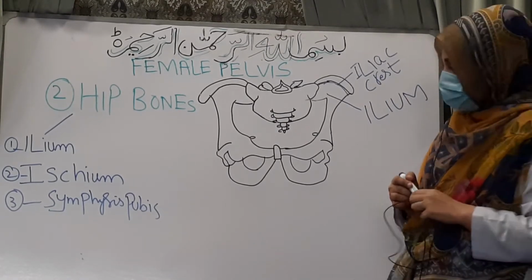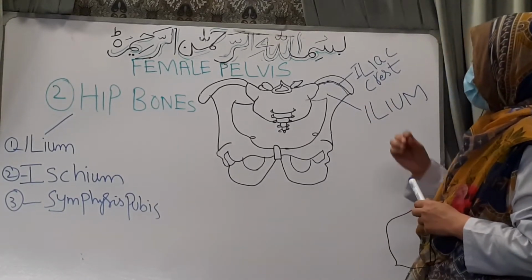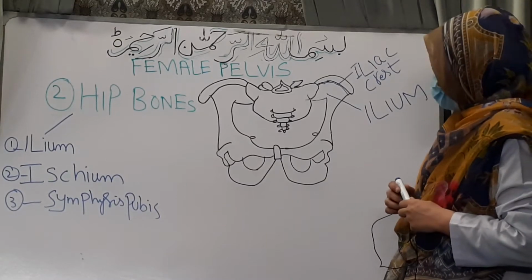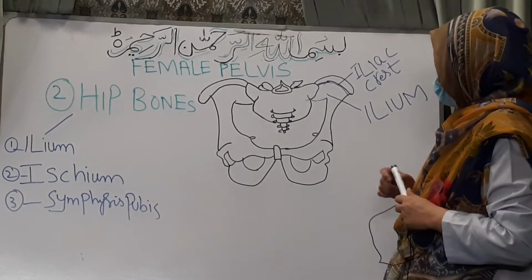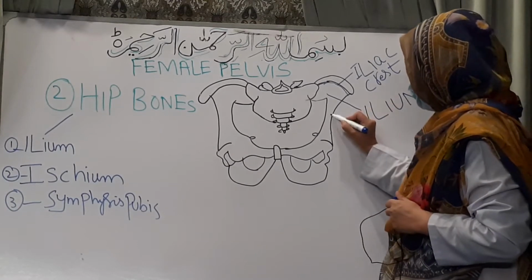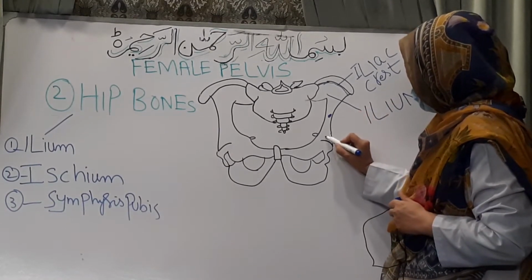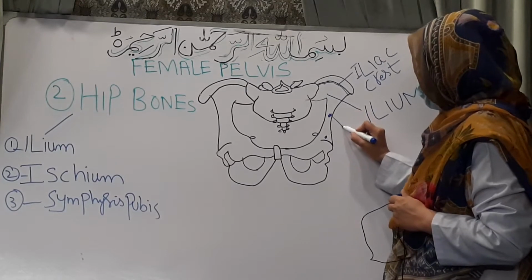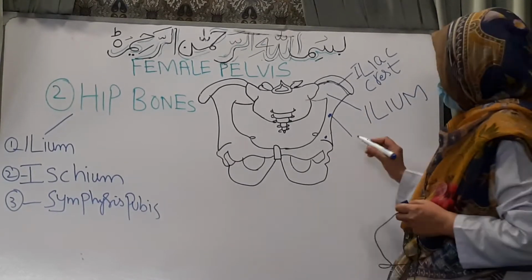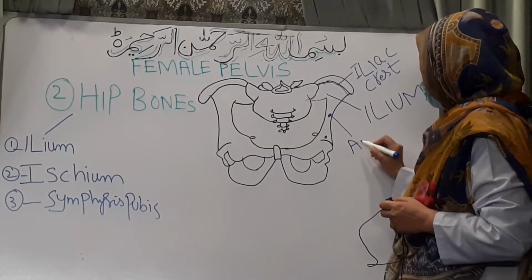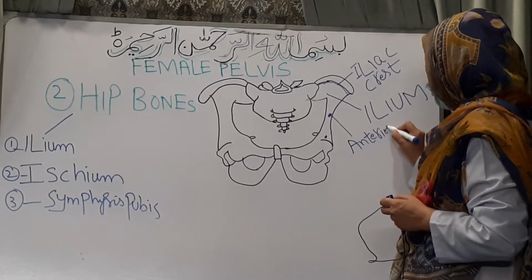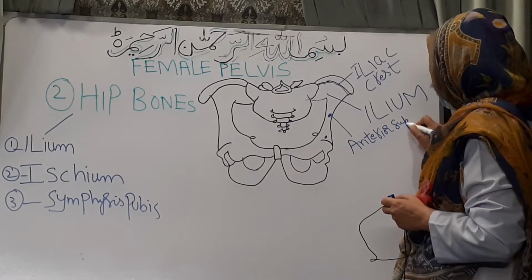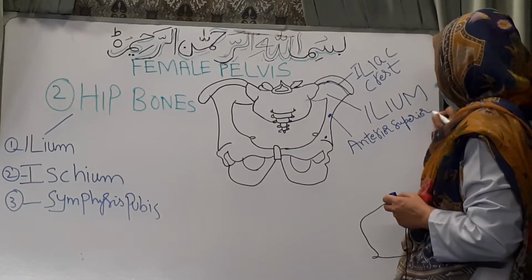Clear? The ilium bone has two bony prominences. Here, one is here and the other is here. This prominence is known as anterior superior iliac spine.